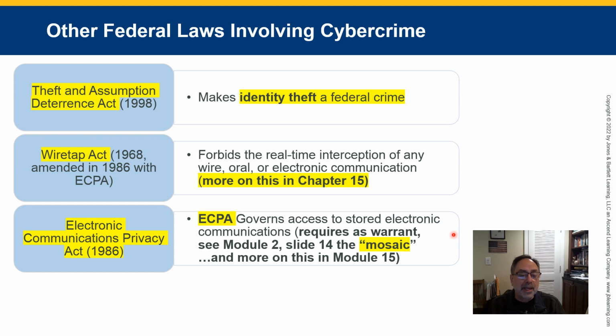It's literally a complex mosaic of laws that overlap, and we really need one universal law to protect the privacy of the citizens. And we'll talk more about ECPA also in Module 15 as well.